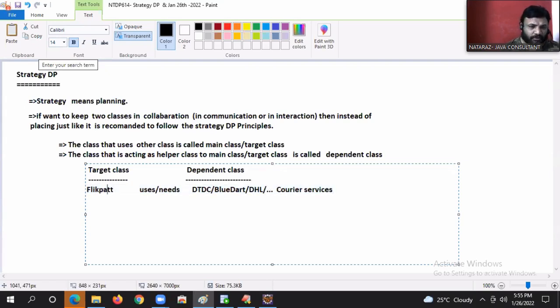This is the story about Flipkart. Okay, next.